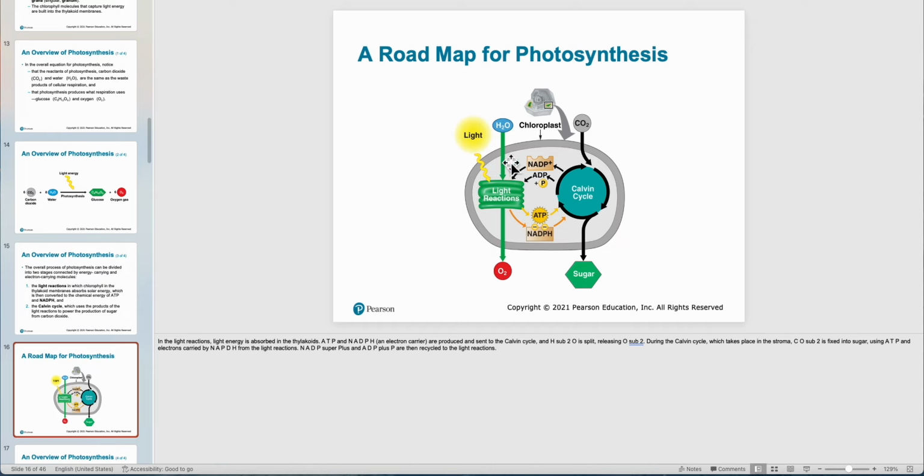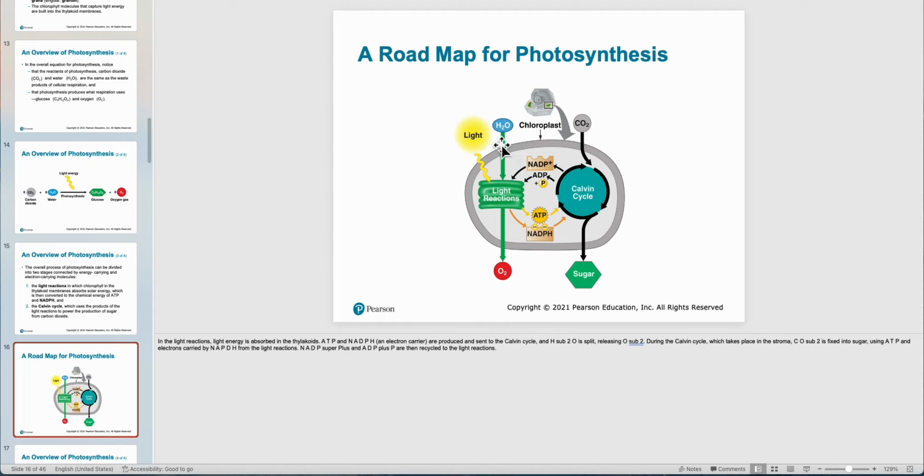If you recall, in cell respiration, we had the final electron acceptor, which was oxygen, and that allowed oxygen to join with hydrogen to make water. Well, we're just going to do the opposite this time. This time, we're going to get the electron out of water by using light.